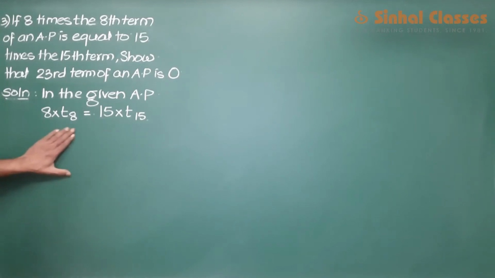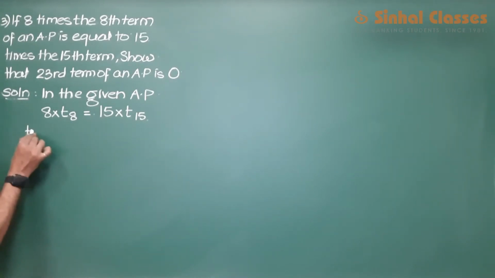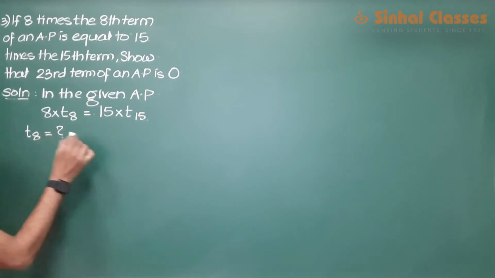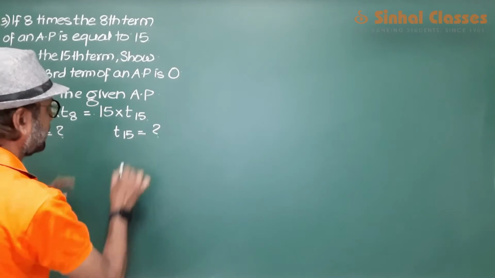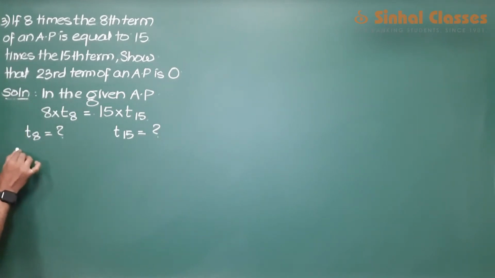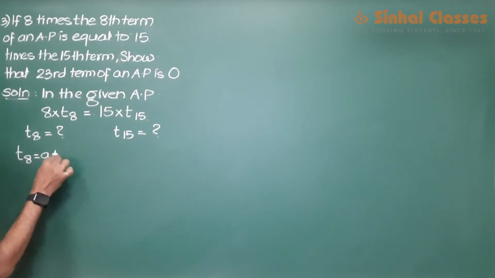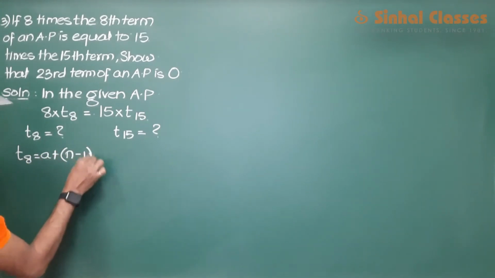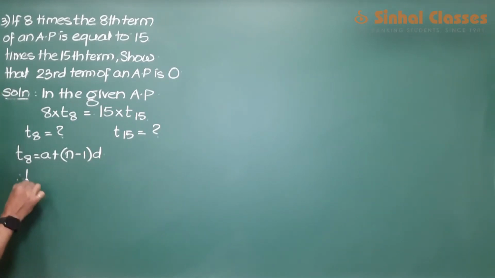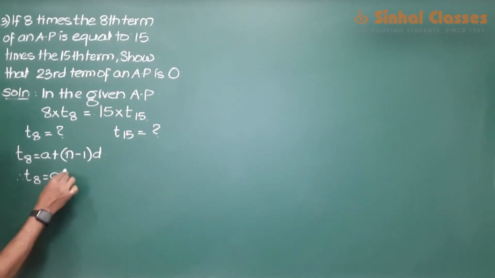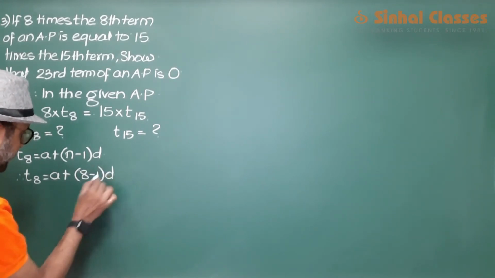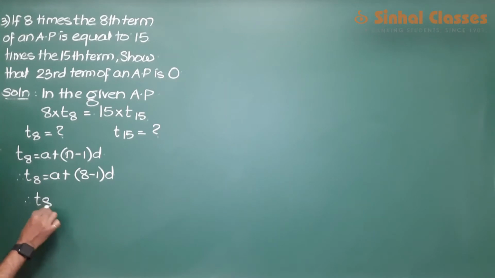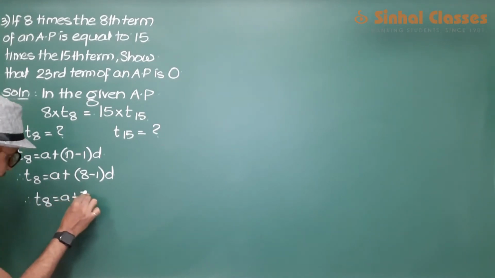Let us try to find out how much is the 8th term, and then let us try to find out how much is the 15th term. So we would get T8 is equal to a plus n minus 1 into d. T8 is equal to a plus 8 minus 1 into d. T8 is equal to a plus 7d.